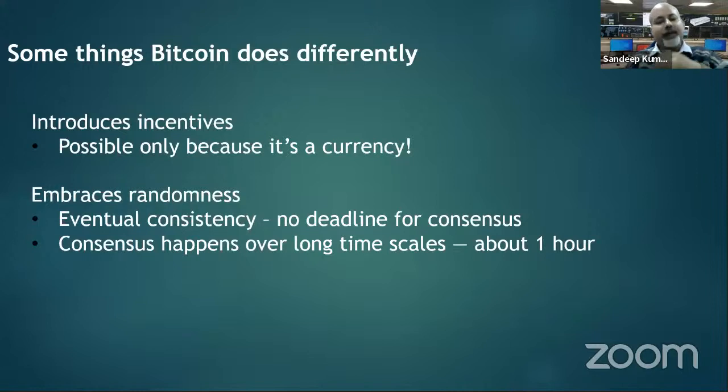And this is what is called eventual consistency. Eventually, over a period of 1 hour or a little more, all the copies of the blockchain will become the same. Even though in one round of consensus you never know that the winning block is actually the winning block, after 1 hour or so you can say that this has actually made it into the blockchain, and therefore this is the winner.